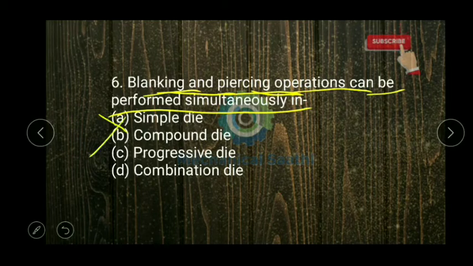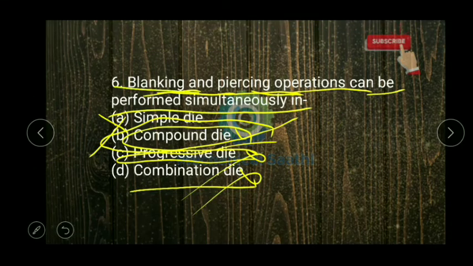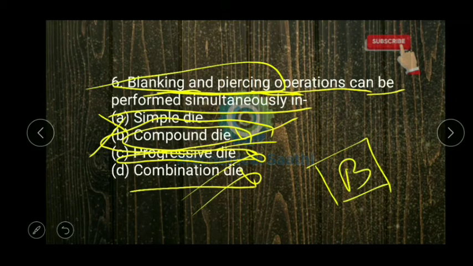This is not the correct one. Compound die, we can use, this may be the correct one. Progressive die, no, it is not used, and combined die is also not used. So by using a compound die, we can make both operations simultaneously. So here again option B will be the correct answer. So let us move forward for checking it.